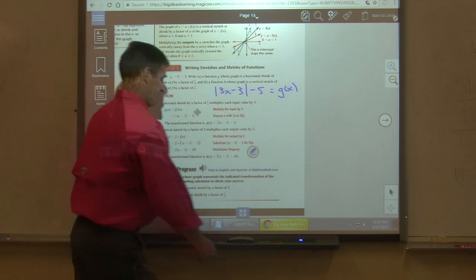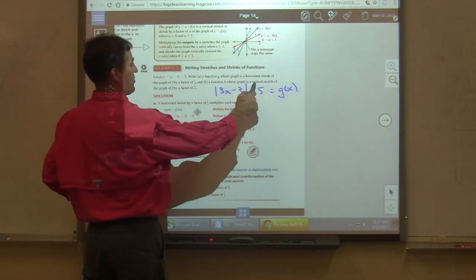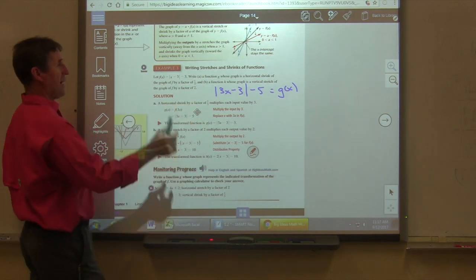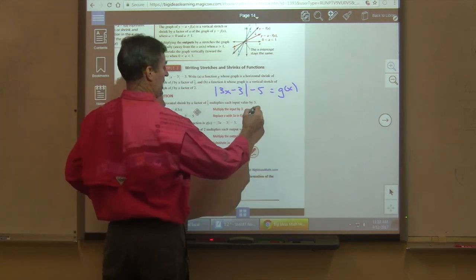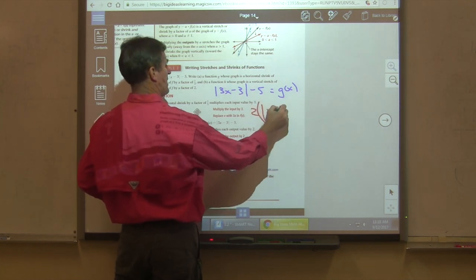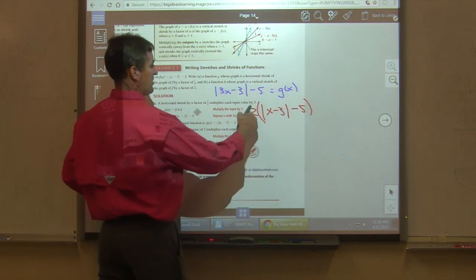The second one says that we're going to do a function h whose graph is a vertical stretch of the graph by a factor of 2. Again, vertical affects the whole thing, so we have to go 2, and then in parentheses, the absolute value of x minus 3 minus 5. And so that becomes, distribute that.